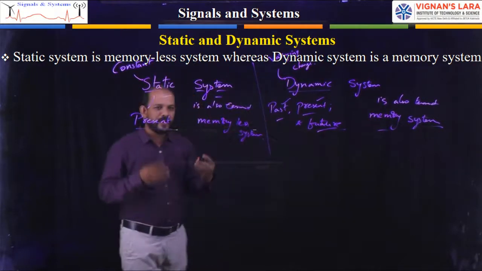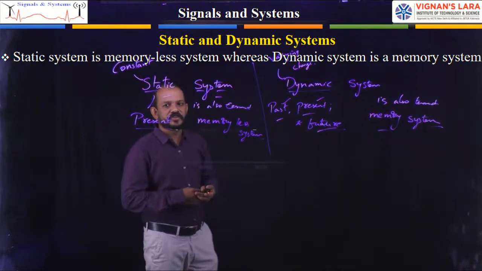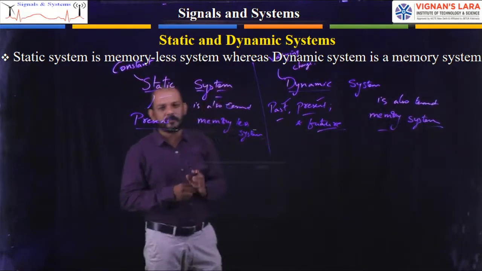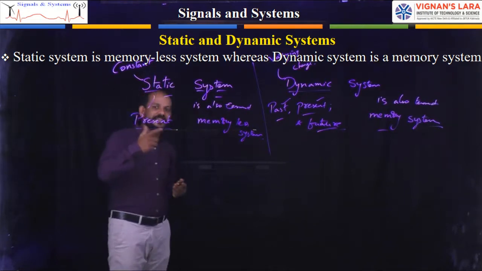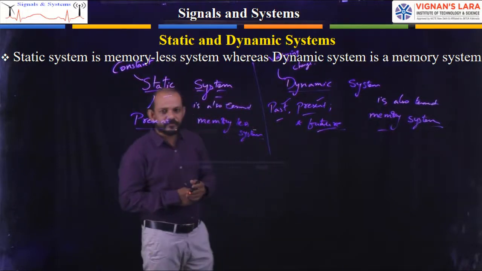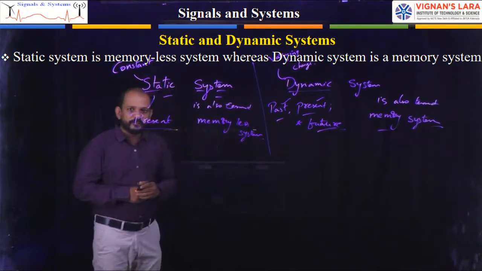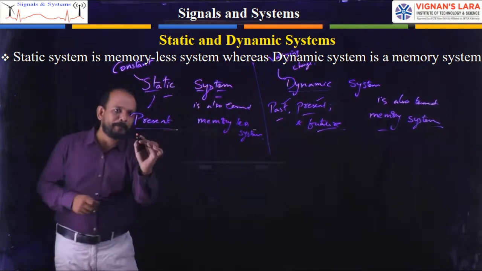Now based on all this explanation, can anyone tell me the definition of a static system? A system is said to be a static system if the output depends only on the present input.